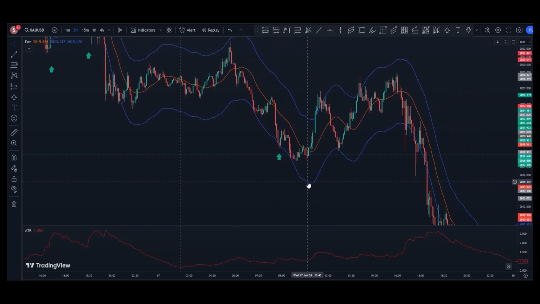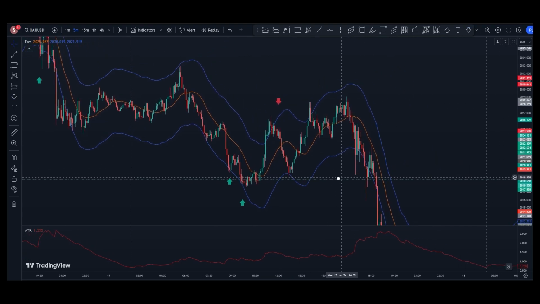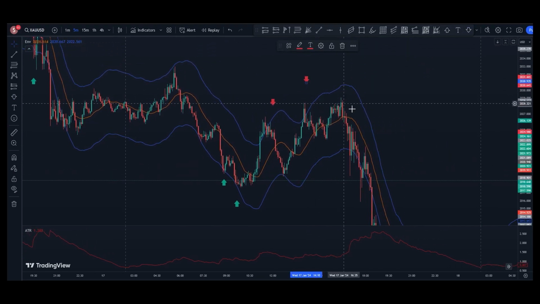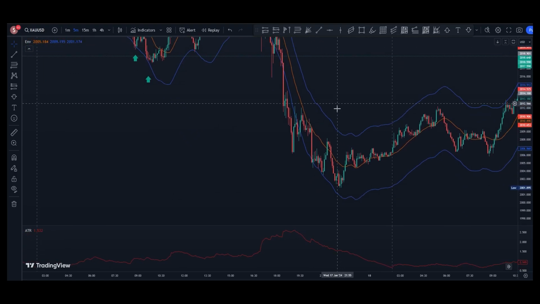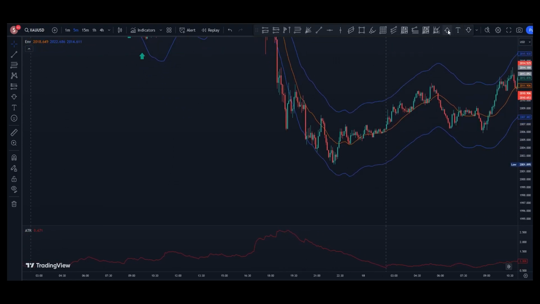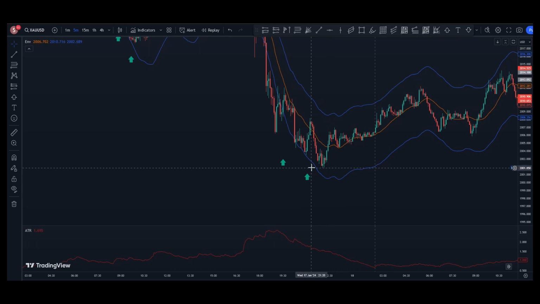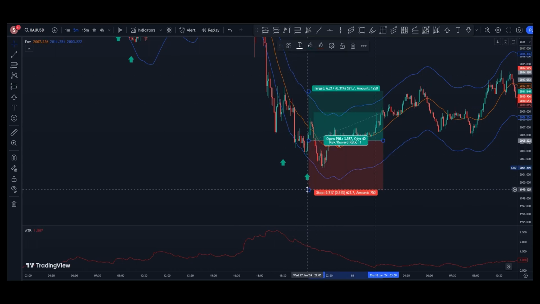I think another trade is here. It gives you a good profit here, good profit here, good profit, and here it hit the stop loss. Here, stop. Maybe let's see if it gives you a profit or not.